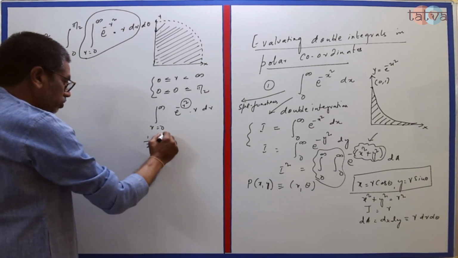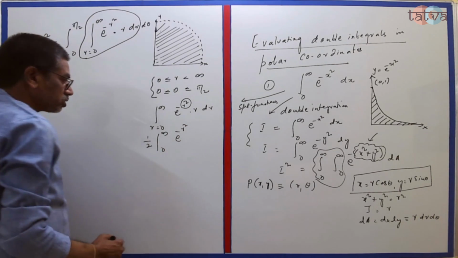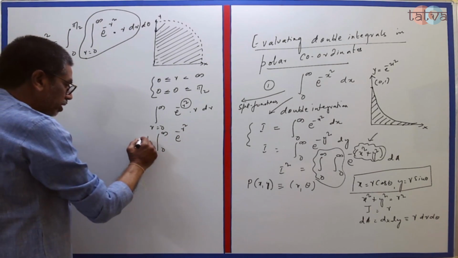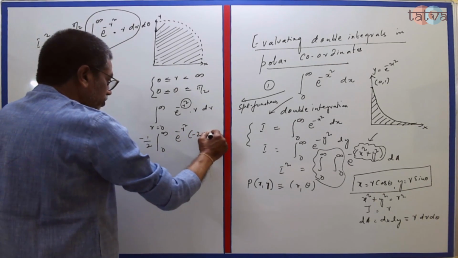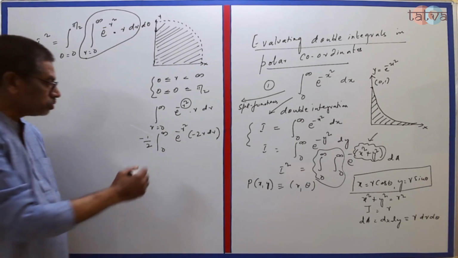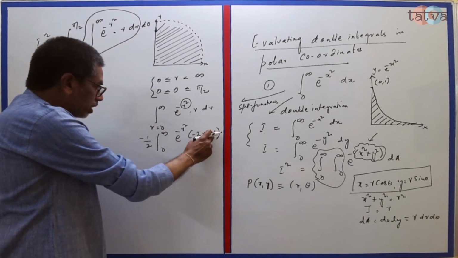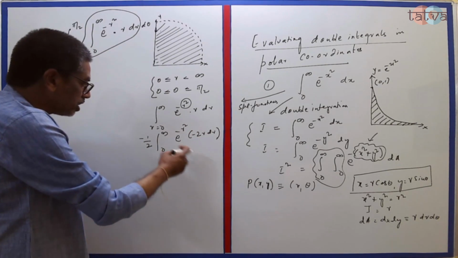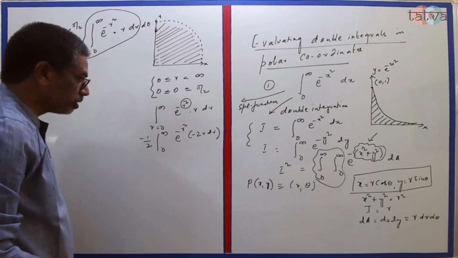Half integral 0 to infinity e power minus r square. In fact, we can divide and multiply with minus 2. That makes things much easier. Now, the differential of minus r square is minus 2r dr. So it amounts to just integrating e power minus r square, where all other adjustments are available.